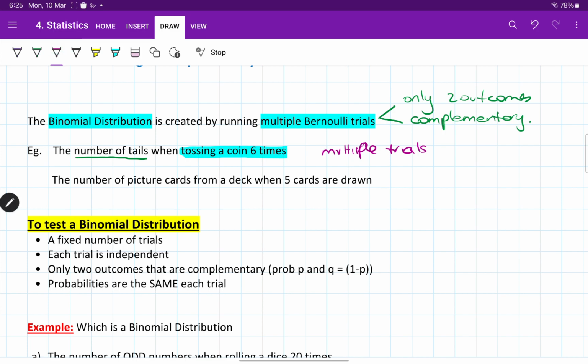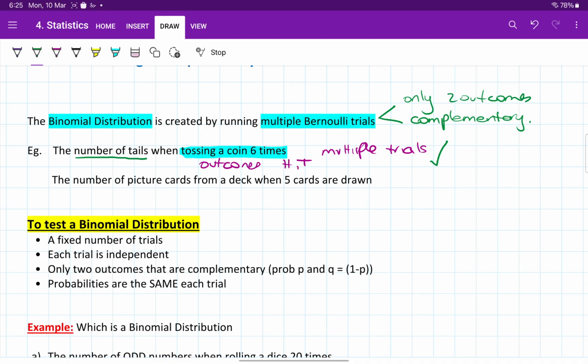So what are our outcomes when we are tossing a coin? Our outcomes are heads and tails. And are they complementary? Probability of getting a head is a half, probability of getting a tail is a half. Yes. So in this situation, looking at getting the number of tails when tossing a coin 6 times is absolutely a binomial distribution. All right.